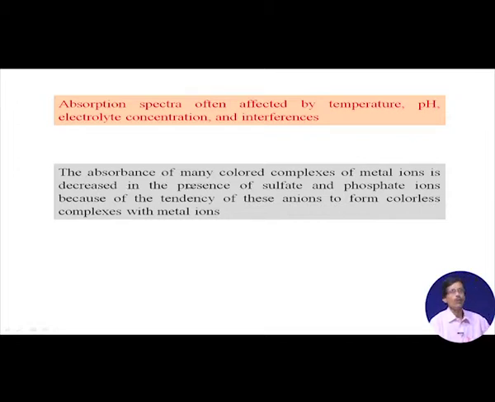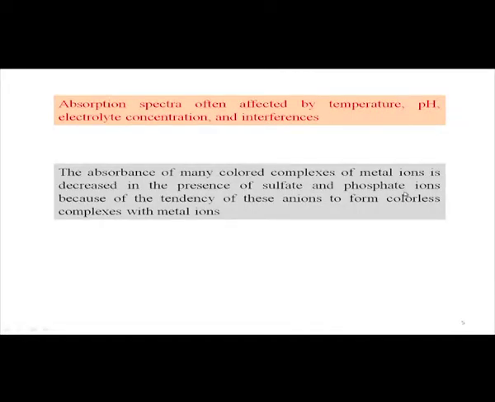As we all know, there are different absorbances of different metal ions, particularly the transition metal ions, the 3d, 4d metal ions. We know from our school days that these transition metal ions can show some color. But in this case, the absorbance of many colored complexes of metal ions is decreased in the presence of sulfate and phosphate ions.